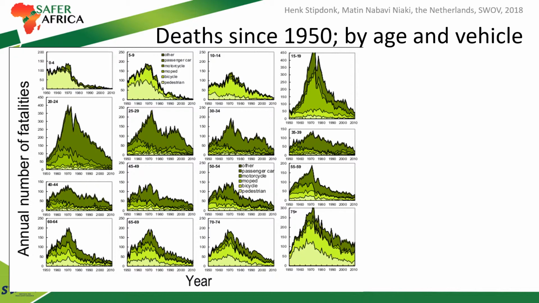Remember that here we have on a horizontal scale the years ranging from 1950 at the left and 2012 to the right. So we have 60 years of data here.